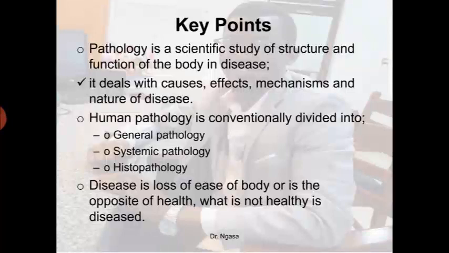We have seen pathology is divided into branches: mainly general pathology, systemic pathology, and histopathology, as we have seen in the previous slides. Disease is a loss of ease of the body, or simply the opposite of health. What is not health is diseased.